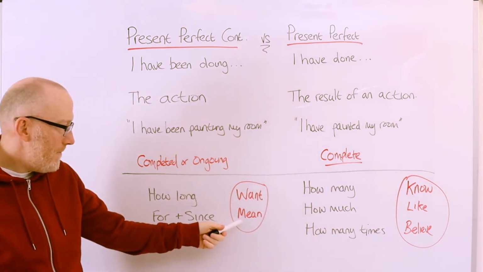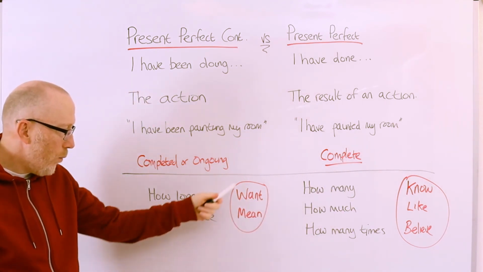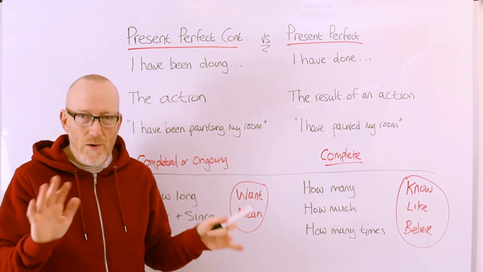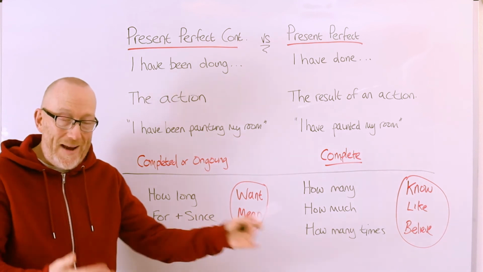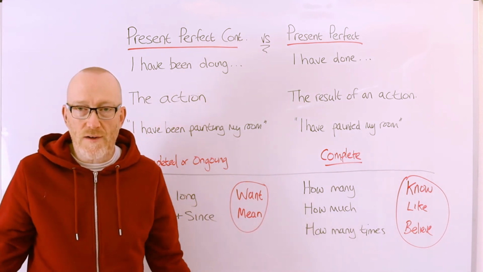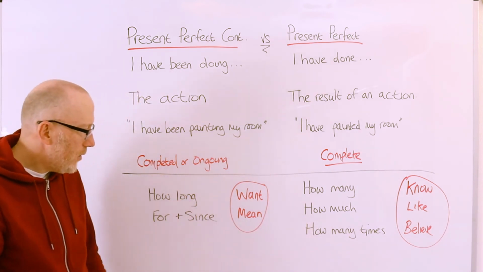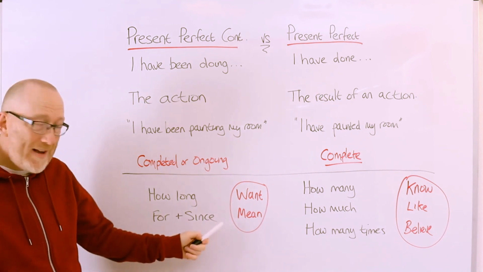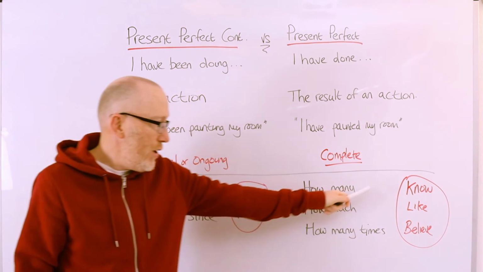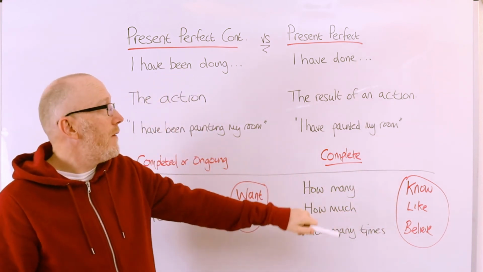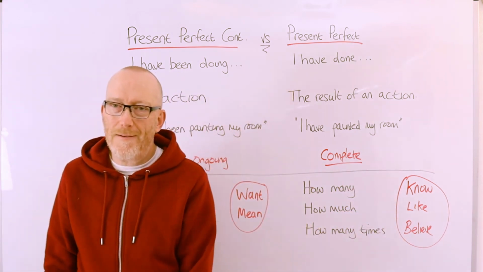I can also use mean in the same way. So want and mean, really we use these to describe desires. So I have been meaning to paint my room for a long time. So want and mean, very naturally used in the present perfect continuous. Know, like and believe, only use those in the present perfect.